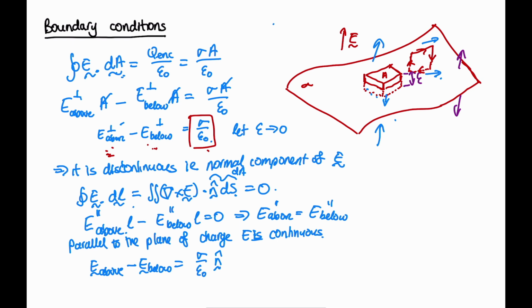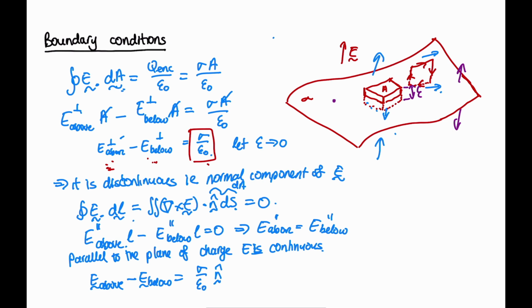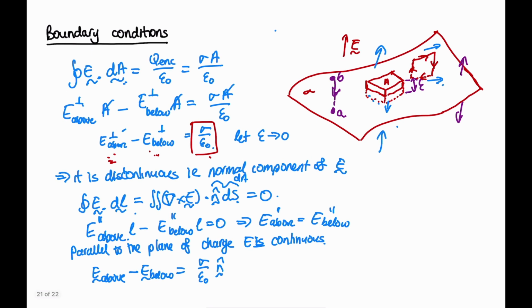account for this discontinuity. Now, if we consider the voltage, let's switch to purple so that we don't end up getting confused. Let's consider the voltage from a point above, let's call that B, to a point below, A. We know that the voltage is related to the electric field through V equals minus the integral from A to B of E dl.